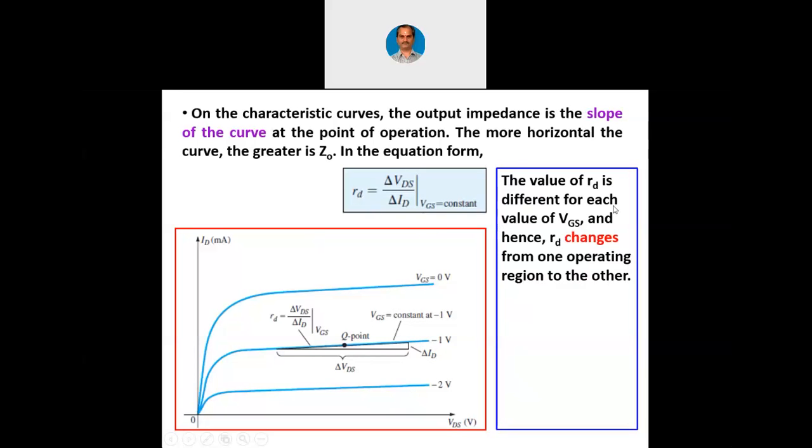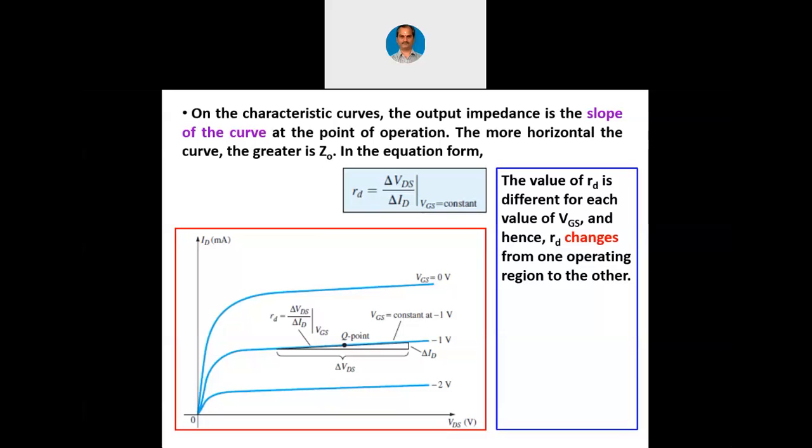The value of RD is different for each value of VGS, and hence RD changes from one operating region to the other. There will be a slight change of RD for the given value of VGS. This is slightly different from what we had seen in case of BJT.